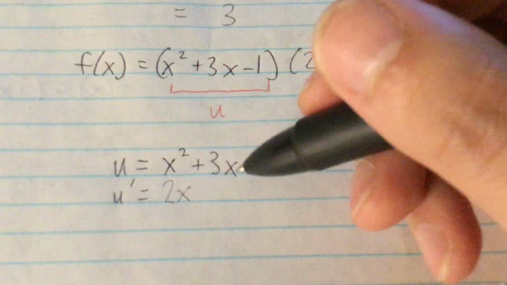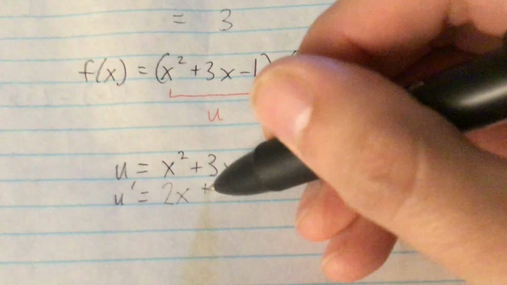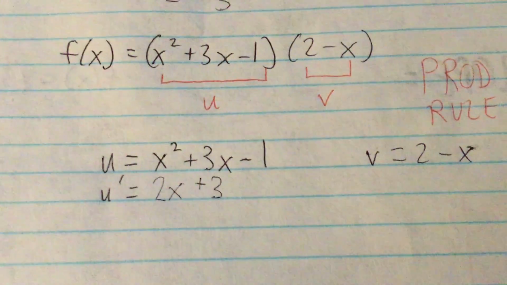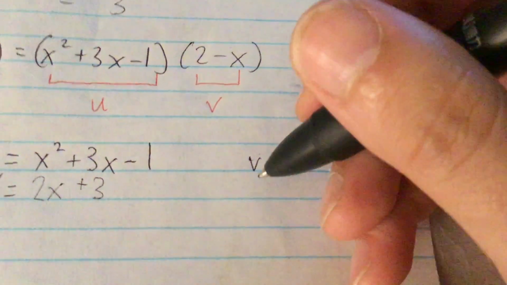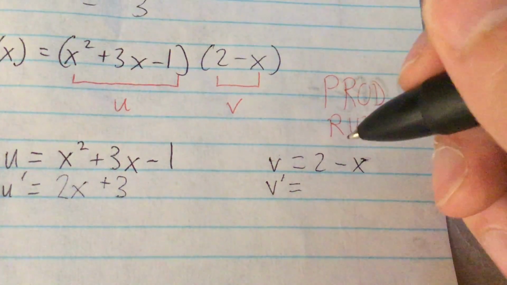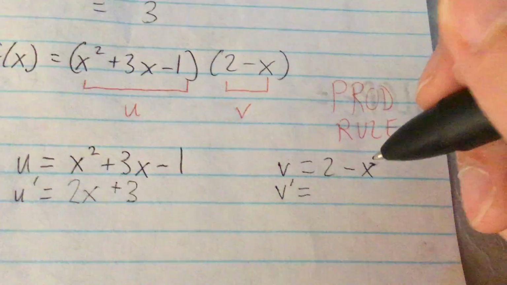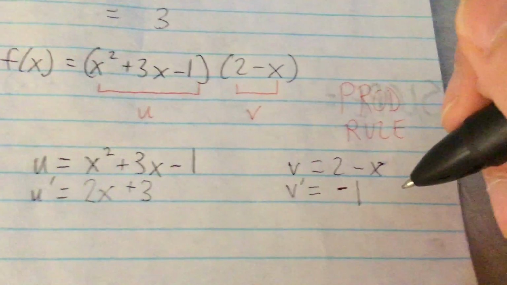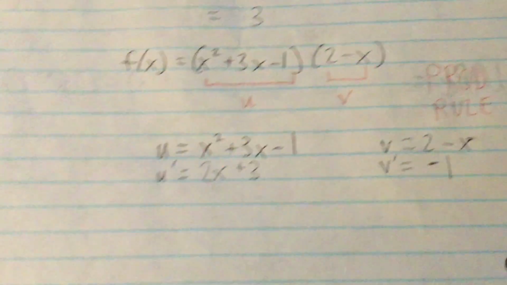The derivative of positive 3x is positive 3. And the derivative of negative 1 is just 0. Now moving on to my v prime, the derivative of 2 is 0. The derivative of negative x is negative 1. So this is 0 minus 1, or as you guys know, it's negative 1.